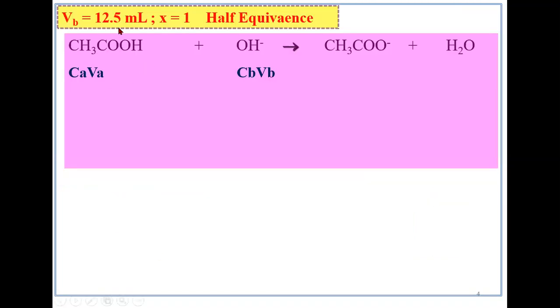Let's see how we do calculations overall, not at initial concentration, whatever volume I added. It doesn't have to be any particular volume of base. Take CAVA. That's the millimoles or moles of acid. And take the concentration of the base times the volume of the base.